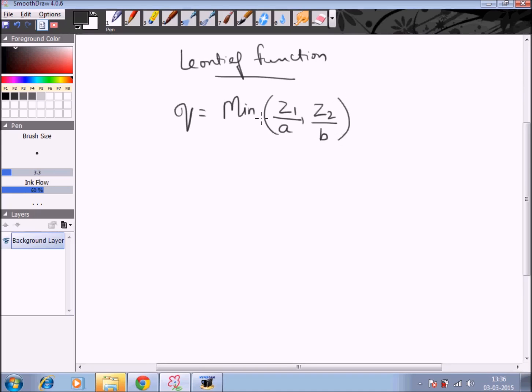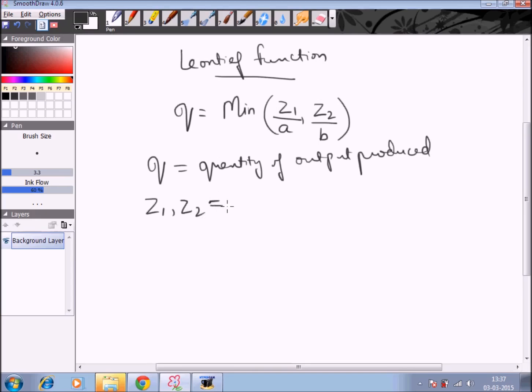Now here we can see that we are not taking labor and capital. Here Q is the quantity of output produced. Z1 and Z2 are the utilized quantity of input 1 and 2.